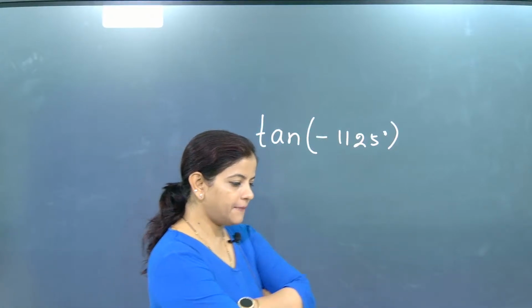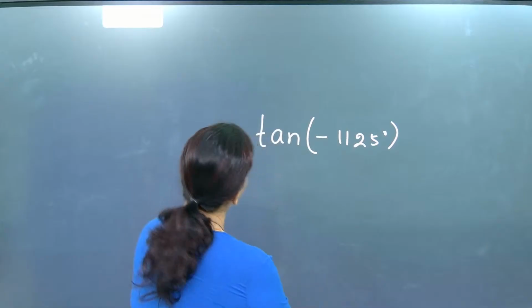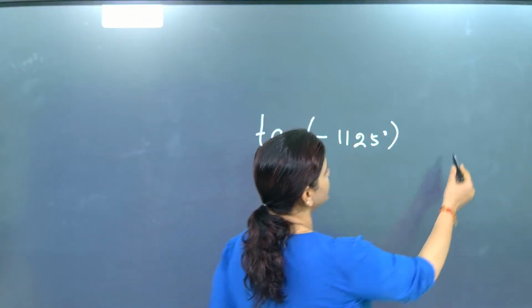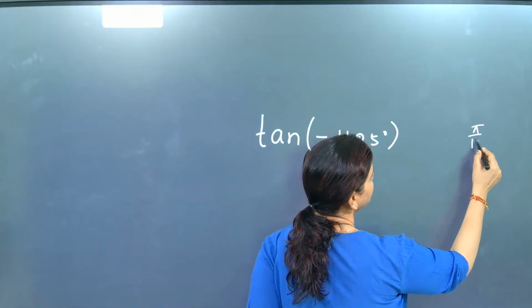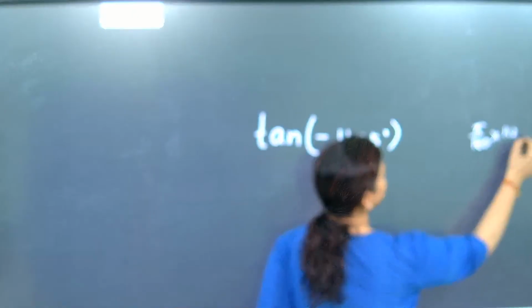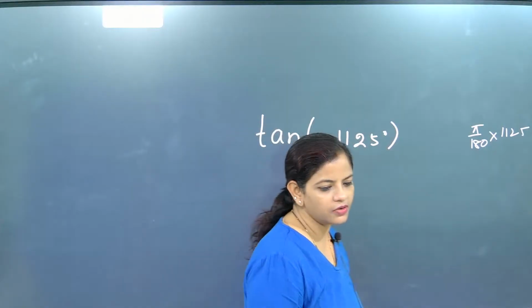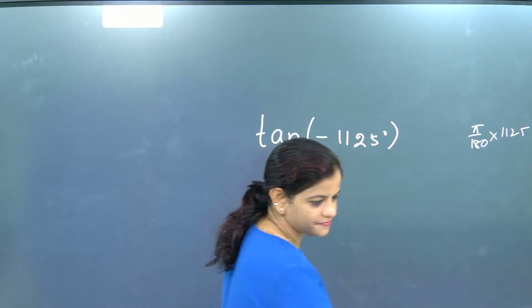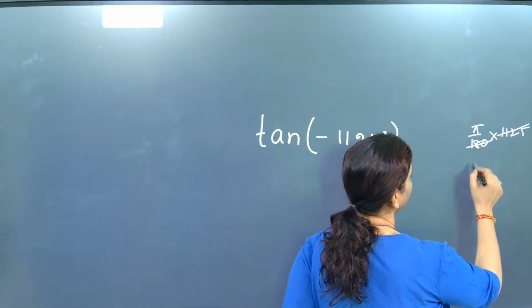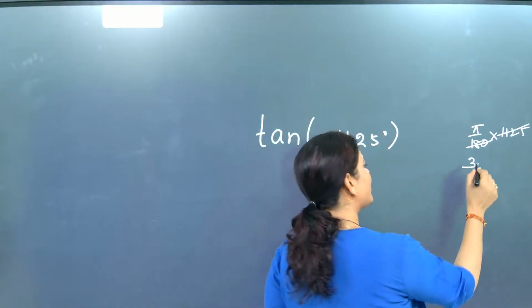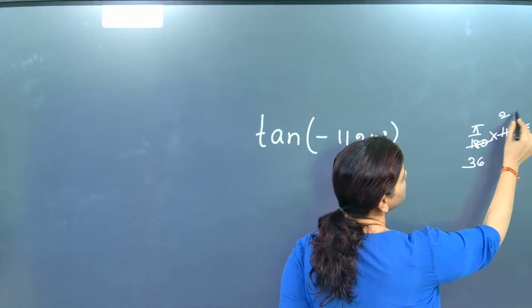May I do this? See, the shortest method: pi by 180 into 1125. That's it, it gets converted into the radian system. 5 3s are 15, 3 is there, 5 6s are 30, 5 2s are 10.